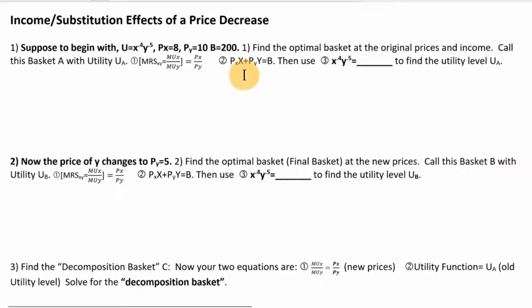So here we have our utility function, x to the 0.4 times y to the 0.5, Cobb-Douglas, of course. Price of x is 8, price of y is 10, and a $200 budget. So the first problem is always to maximize this person's utility given this information. And our two equations are going to be to set the marginal rate of substitution equal to the ratio of the prices of the two goods.